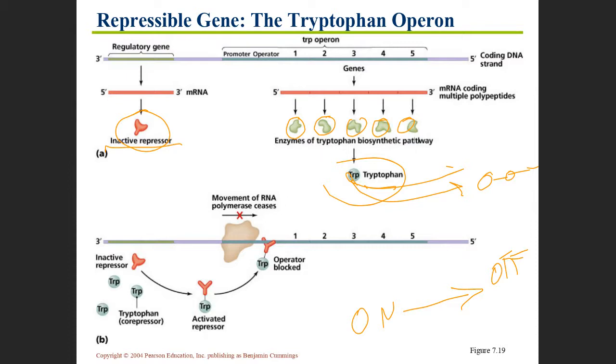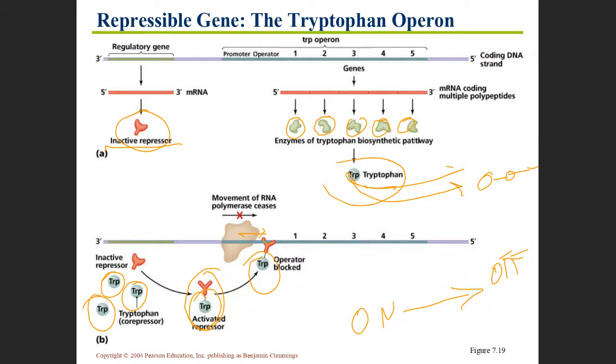If for whatever reason, whether it's because the cell slows down and it's not making as many proteins, tryptophan begins to accumulate, the cell is not using it anymore. Now it begins to hang around, and it can bind to the repressor and activate it. And now the repressor can sit on the operator and physically blocks the RNA polymerase from transcribing.